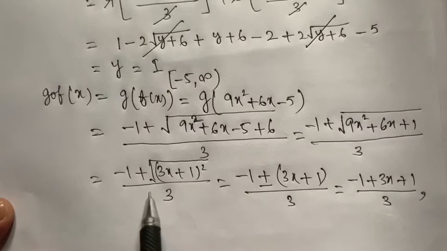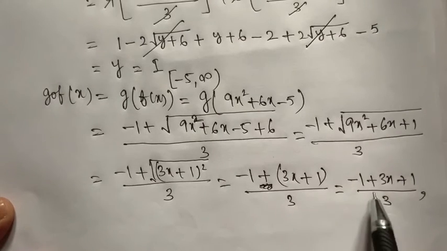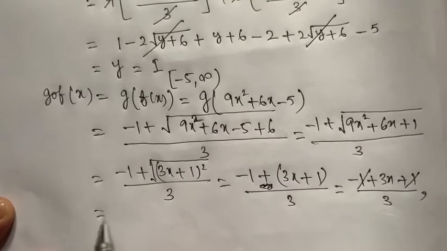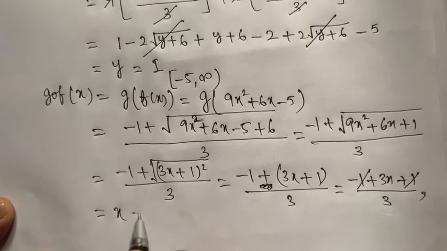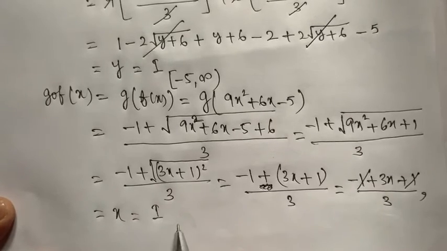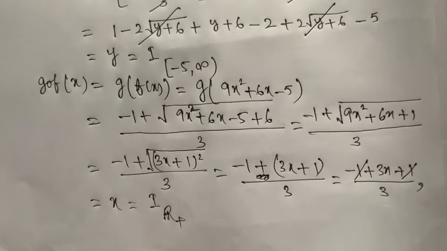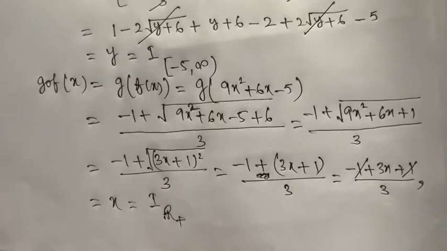the other value of this will be, now we need not write the minus there, it is this one, and minus will be cancelled out, and we are left with x, so it is the identity on R plus. As a result, we have obtained the identity element in both the cases. That means f is invertible.